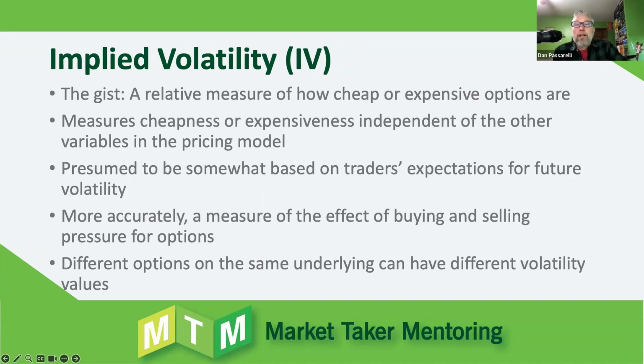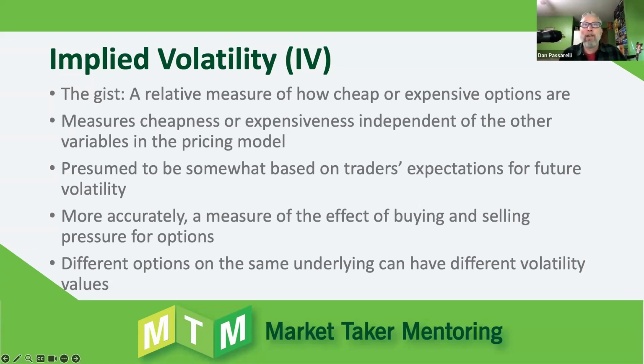But implied volatility is a different animal. Implied volatility is a relative measure of how cheap or expensive options are. It measures the cheapness or expensiveness independent of other variables in the pricing model. So if we hold stock price constant, time to expiration constant, and assume interest and dividends don't change, and a big trading firm comes in and buys 5,000 of these calls, well, the law of supply and demand says the price is going to go up.